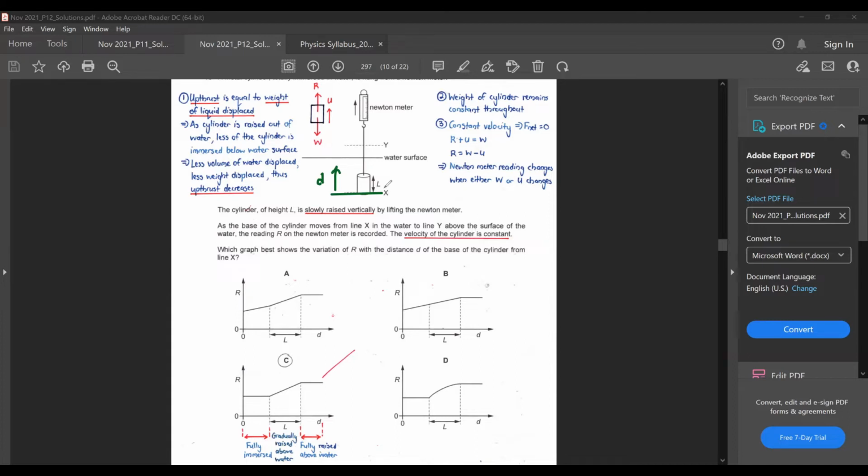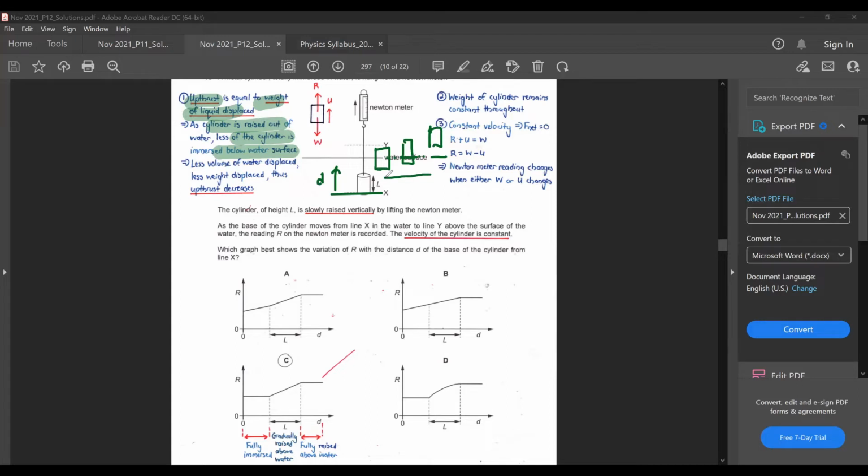Okay, so one of the things that you could try to do now is to understand a few things. As I mentioned to you, upthrust is equal to the weight of liquid displaced. Now when you try to lift the cylinder out, less of the cylinder will actually be immersed below the water surface. What I mean by that is that maybe your cylinder is here, and then suddenly it moved to here, and then suddenly it moved to here.